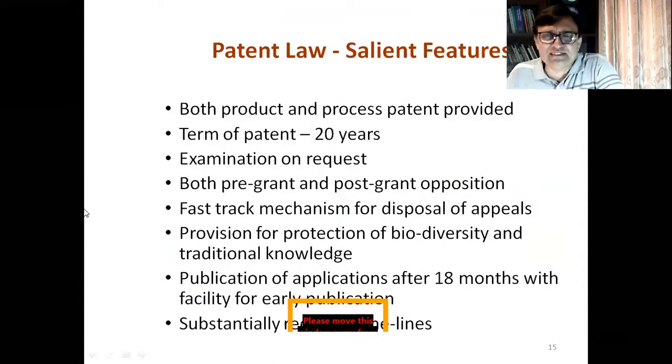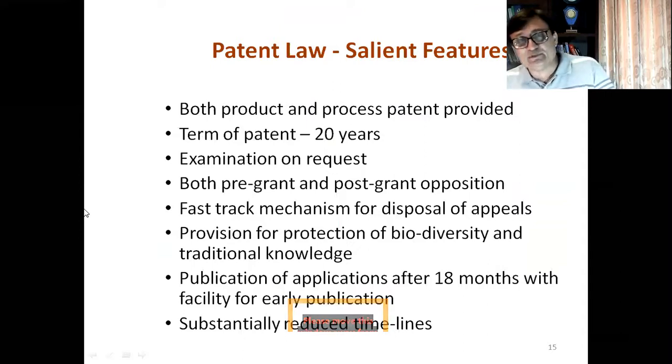Certain salient features of patent law in India: basically, in India, we provide both product and process patents. It is not only that if you produce certain products then you are provided protection under the Patent Act. If you have developed a certain process which is novel, not earlier known, non-obvious, and has industrial application, that can also be registered under the Patent Act.